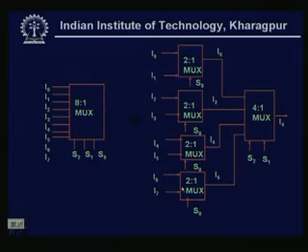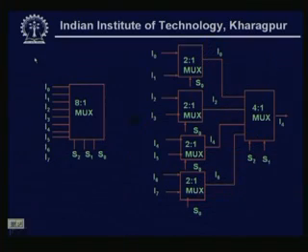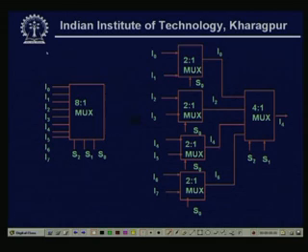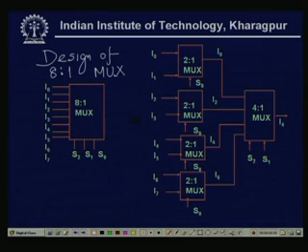Now, if I apply the same thing for constructing an 8 to 1 multiplexer, we can write that design of 8 to 1 mux. For 8 to 1 mux, there are 8 primary inputs, that is I0 to I7.